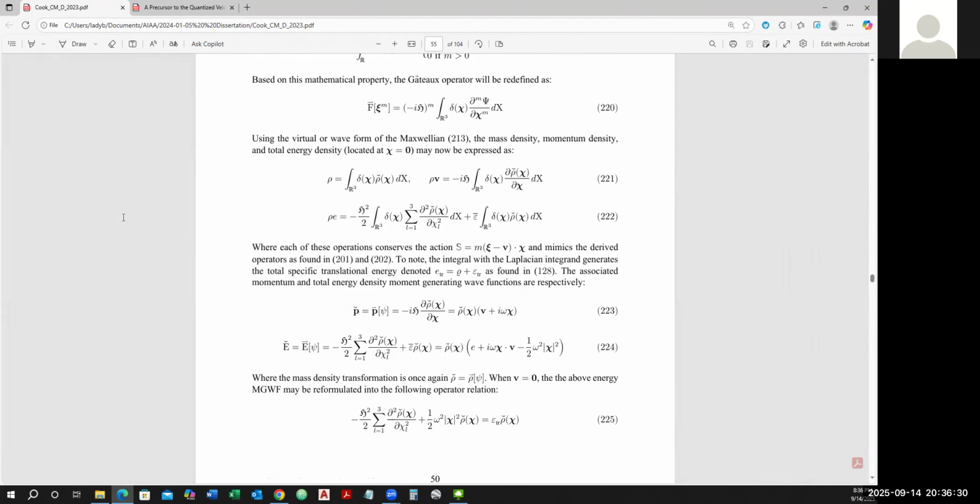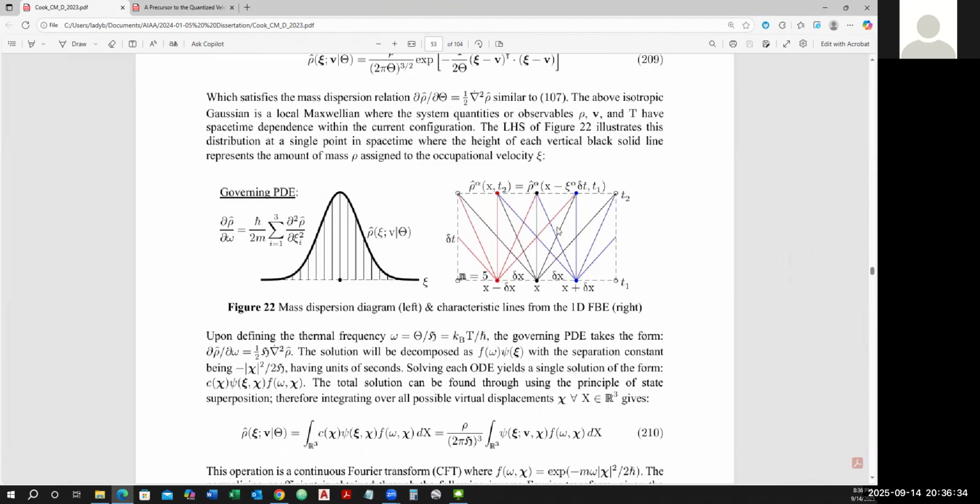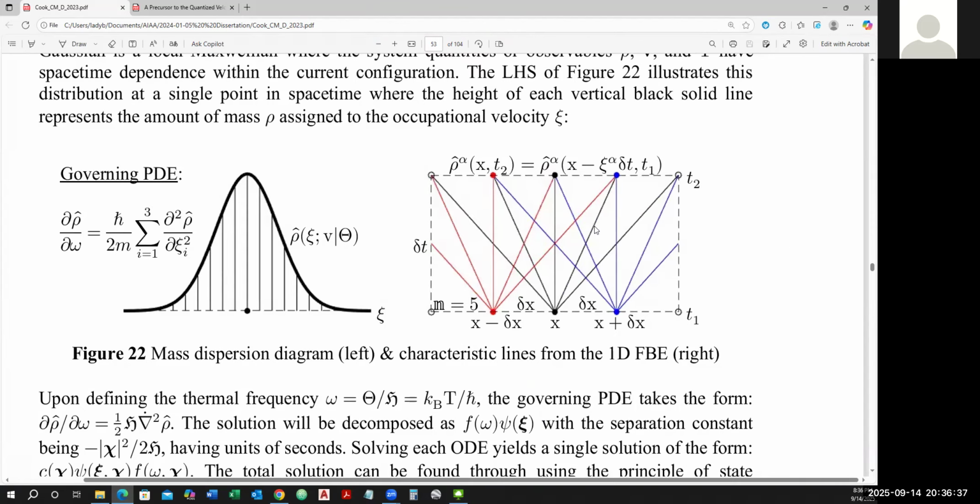Let's talk about the elements. For a uniform grid, this really breaks down to the method of characteristics, where there are multiple characteristics coming out of every spatial node. Again, we're dealing with a velocity distribution, a distribution of occupational states: how much mass, momentum, and energy is occupying a certain velocity.